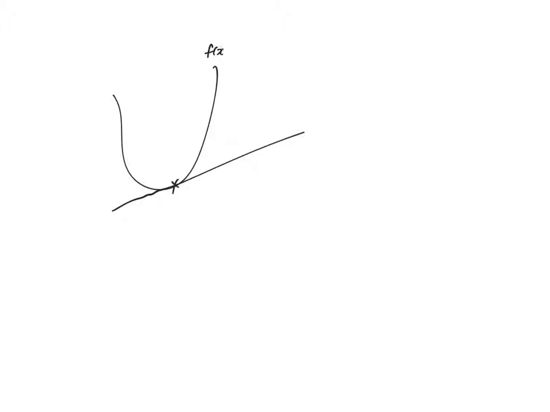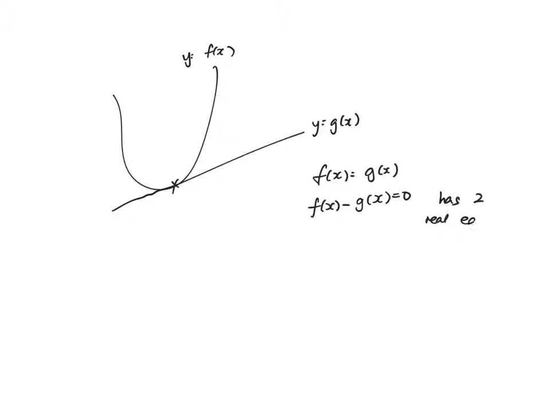Say this is f(x), then y equals g(x). Then this means that they only have 1 solution. Then if you take f(x) equals g(x), which is the same as f(x) minus g(x) equals 0, this one has 2 real and equal roots.